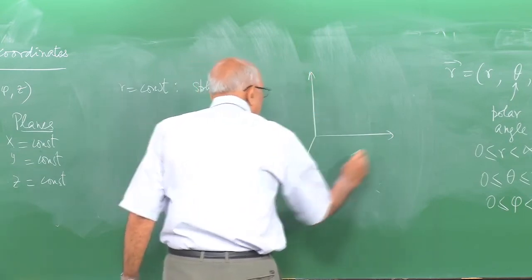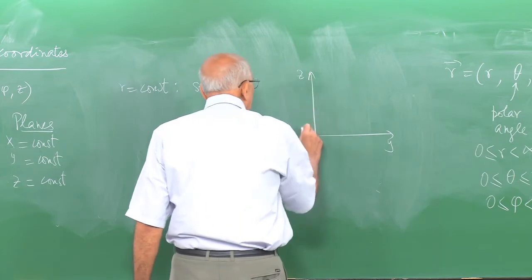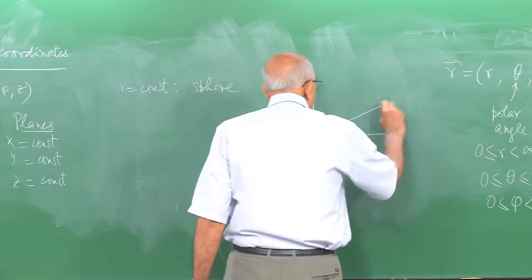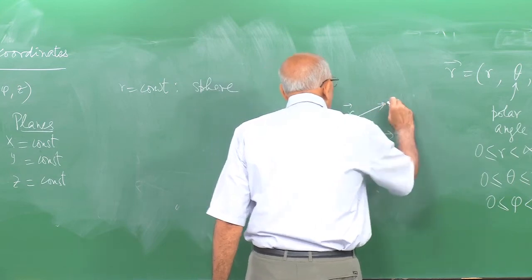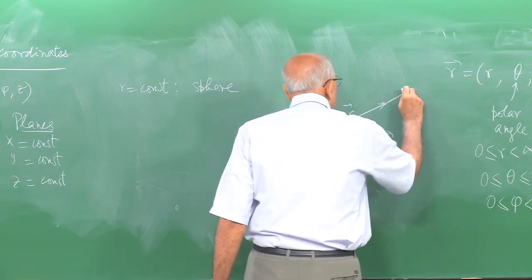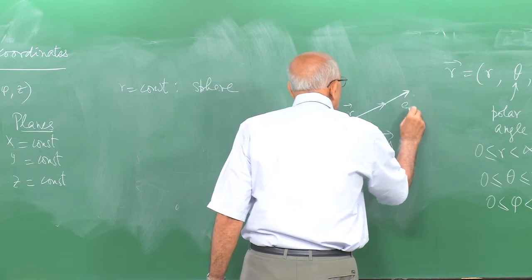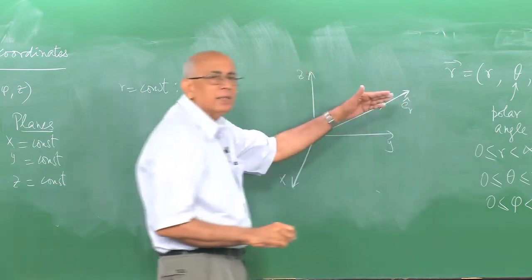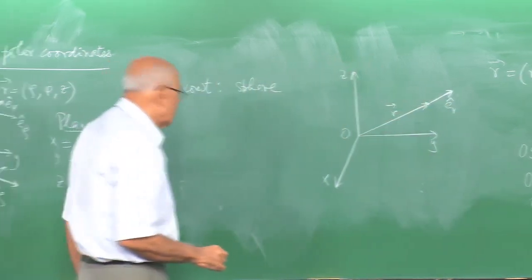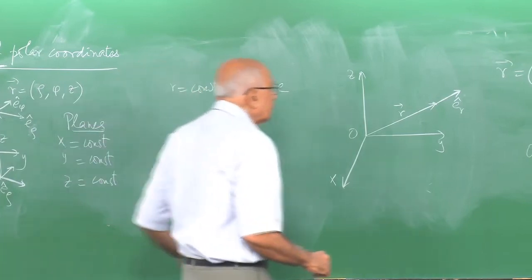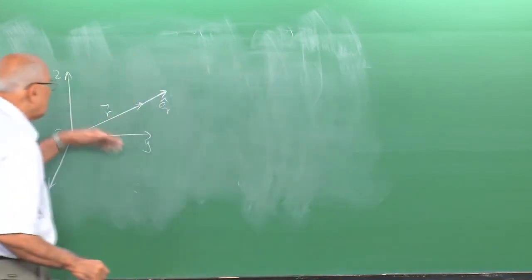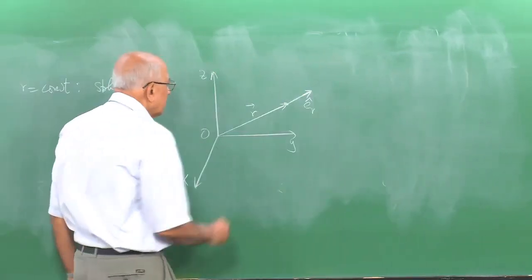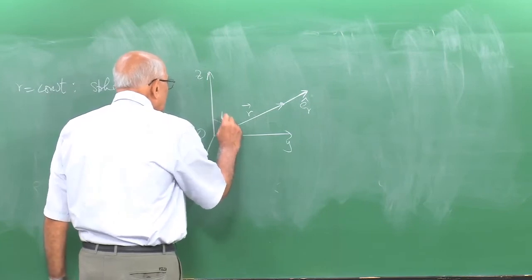So here's x, here's y, here's z again, and we have an arbitrary point r. This is r vector, and therefore the unit vector in the radial direction is just E sub r. It is in the direction of increasing distance from the origin without changing theta and phi. Now this angle was theta.